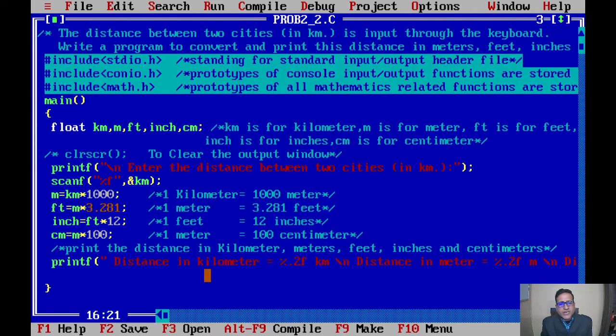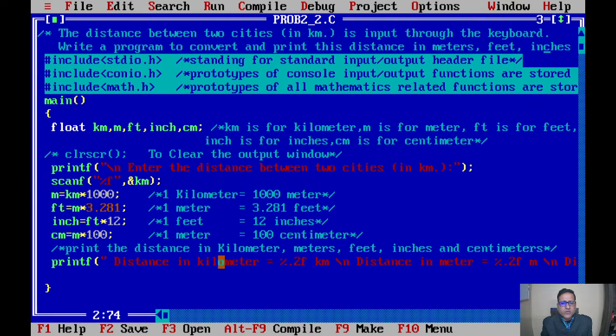We have to write it, and in the last statement we have printed all these values: distance in kilometers, distance in meters, although it was not required in the problem to write the distance in kilometers. He asked to print the distance in meters, feet, inches and centimeters.